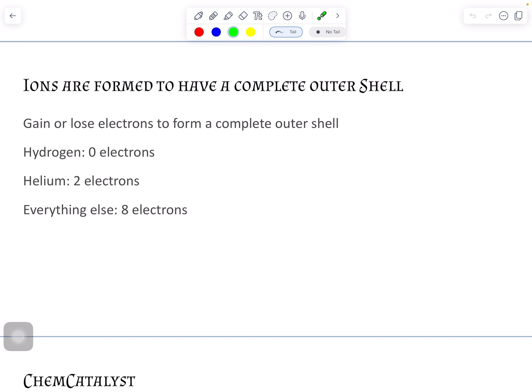So in the first period, hydrogen is going to lose its 1 electron to have 0 electrons in its outer shell. Helium doesn't gain or lose. It has 2 electrons, and that's considered a filled outer shell only for period 1. And then everything else, a filled outer shell is 8 electrons.